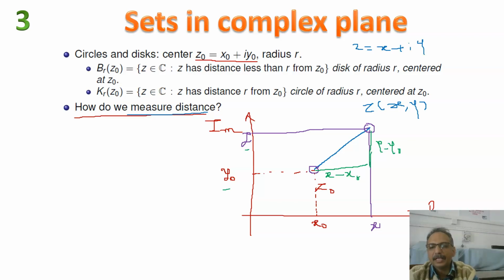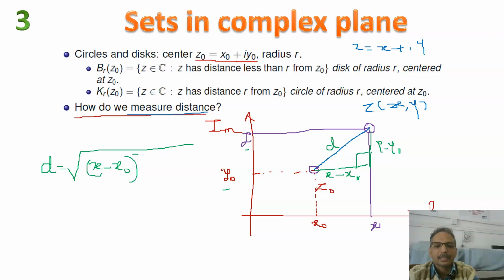Now obviously in this right angled triangle, the distance between the 2 points, which is the hypotenuse of the triangle, we can write as d, and that d is equal to the square root of (x minus x0) squared plus (y minus y0) squared.